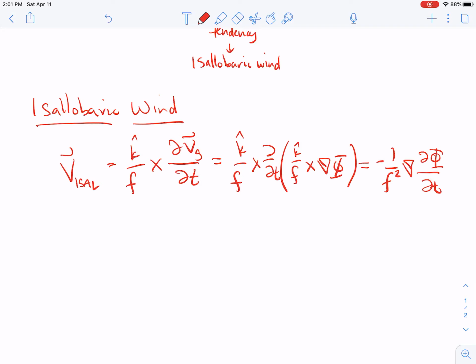And so ultimately, our isobaric wind is going to relate to our vertical motions through the convergence and divergence of the isobaric wind.